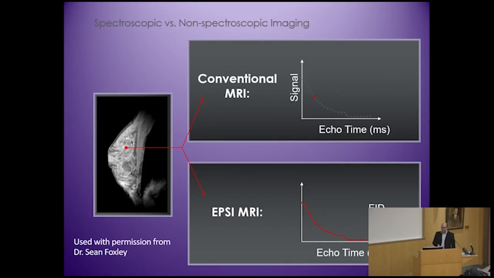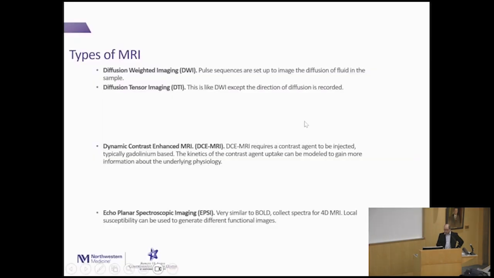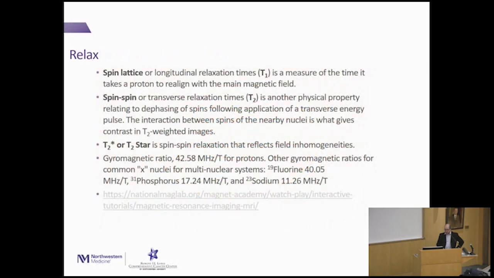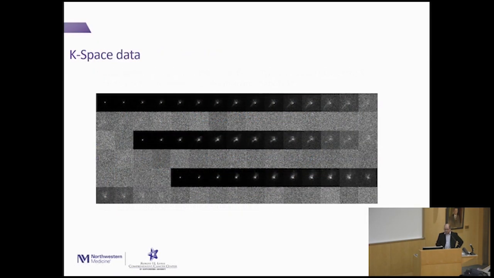This is an example of EPSI, which is a spectroscopic technique, so it's 4-dimensional. This is breast MRI that was done with EPSI at University of Chicago. So in a conventional MRI, you have a single point on this echo, on all these echoes.